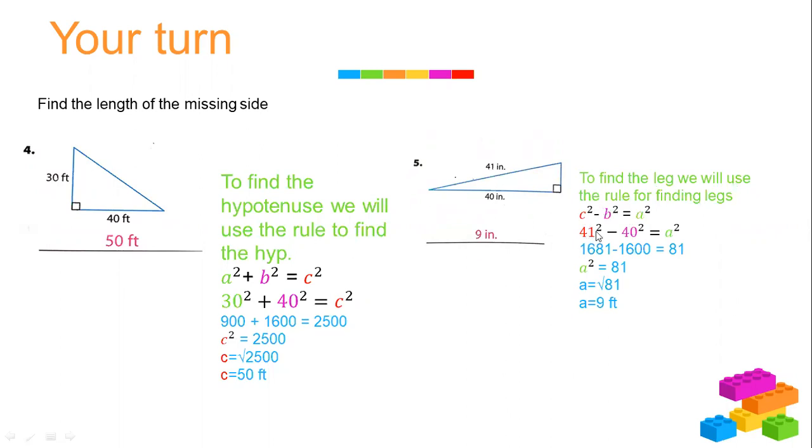So we write 41 to the power of 2 minus 40 power 2 equals A power 2, which is 1,681 minus 1,600 equals 81. So A power 2 equals 81. To find the value of A, I need to use the square root. So A equals the square root of 81, so A equals 9 inches.